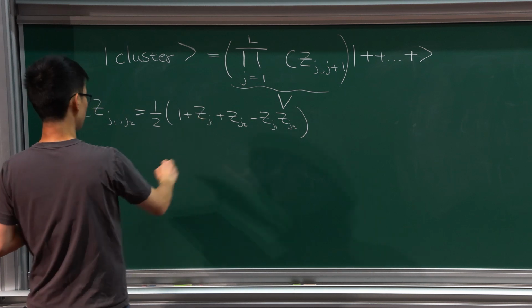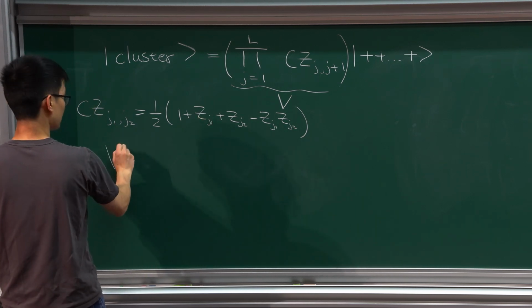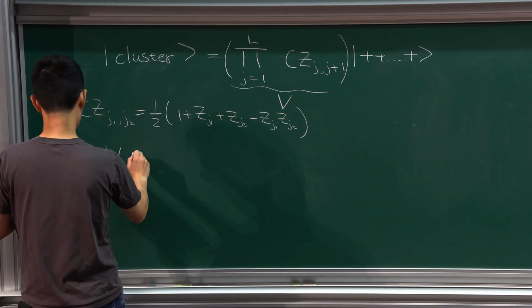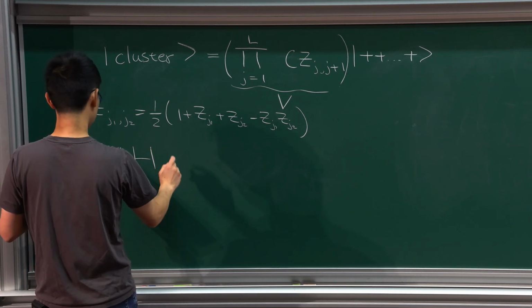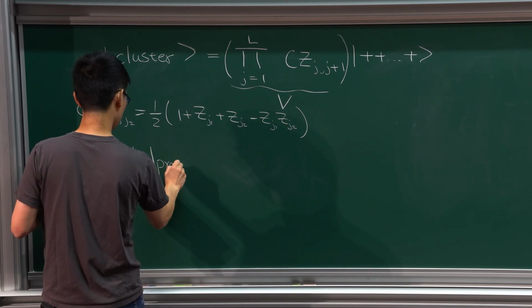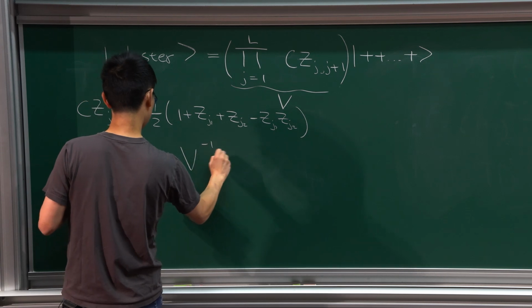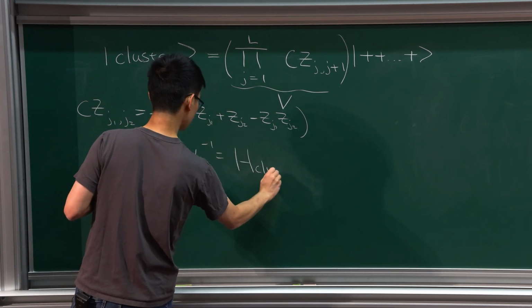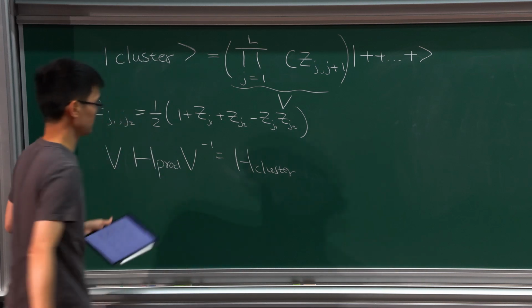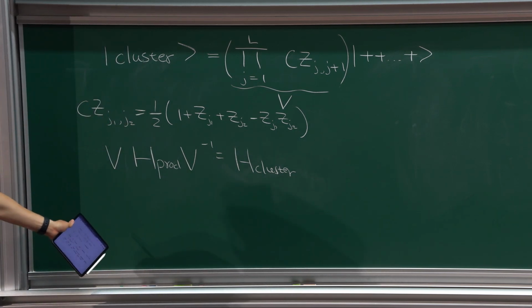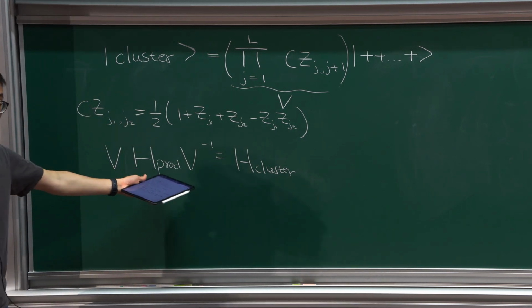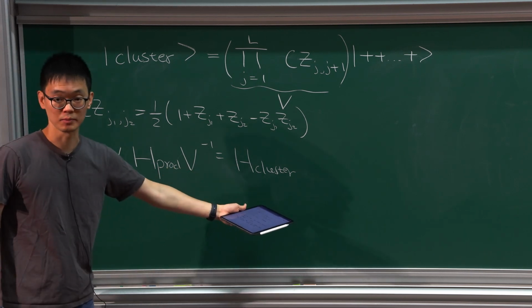And you can show very directly that this V operator provides a unitary equivalence between the two Hamiltonians. V is a unitary operator. You conjugate the Hamiltonian of the product state by V, you get the cluster Hamiltonian.